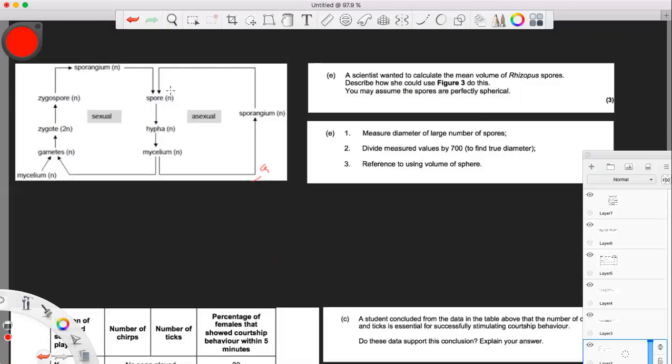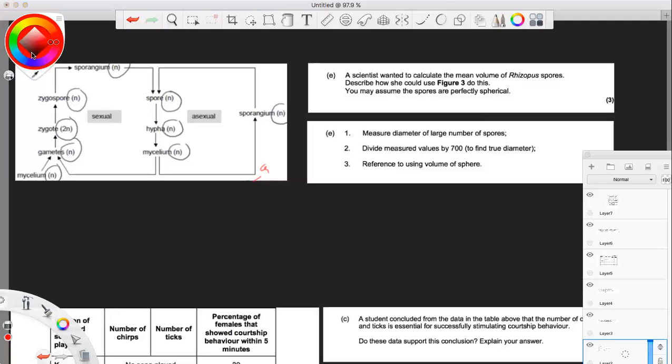look at the symbol for the number of chromosomes in the cell. So these are all N, N, N, N. These are all haploid. Remember, haploid is N, whereas diploid is 2N.